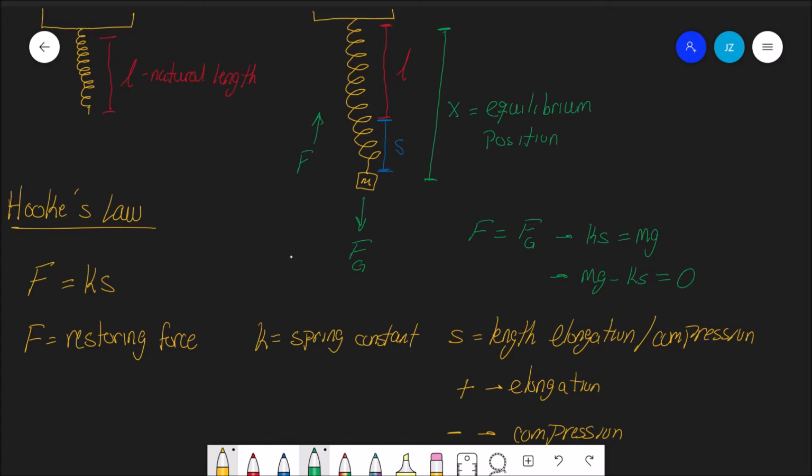Now let's suppose that we take this mass M, we pull it down a little bit and then release it. So we're setting the spring into motion.